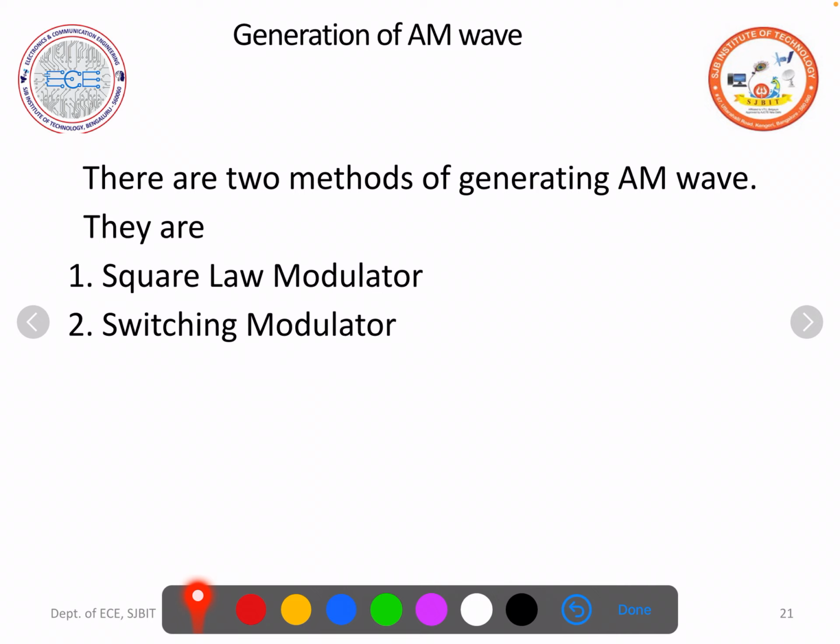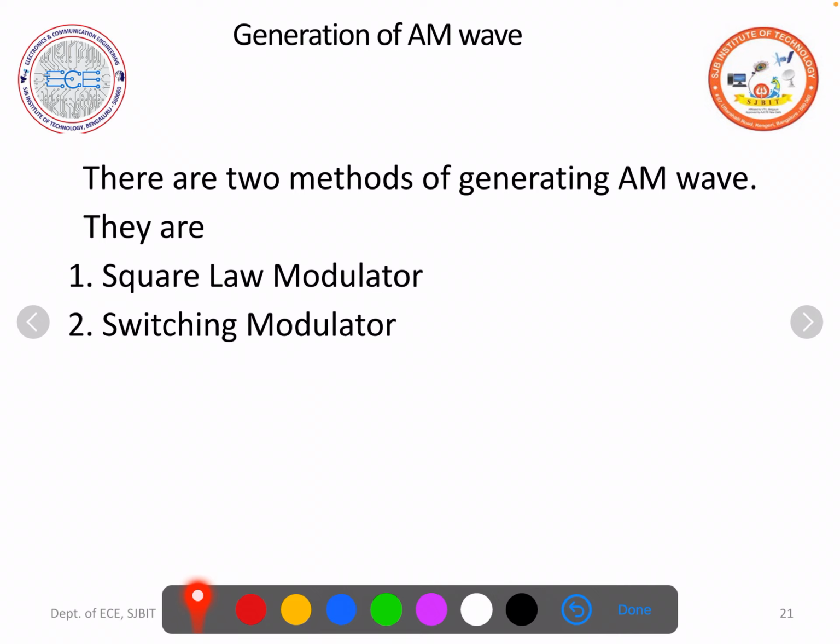Based on the modulation index mu, how the amplitude modulation differs from one case to another. So there are three cases: if the modulation index is less than 1, under modulation, equal to 1, critical modulation, greater than 1, over modulation.